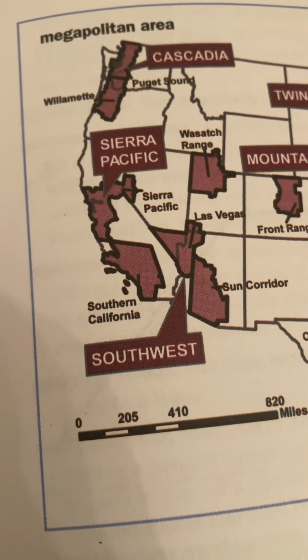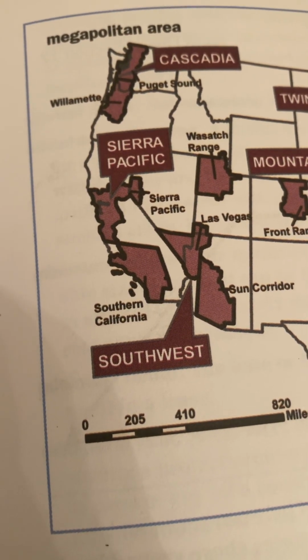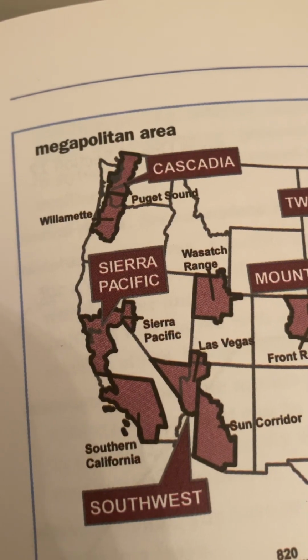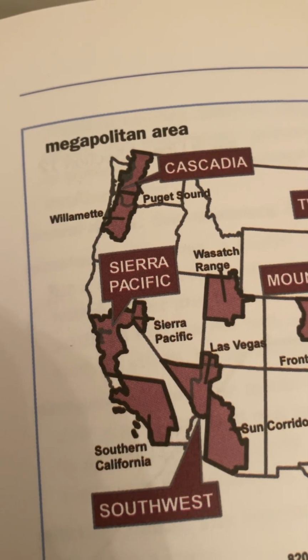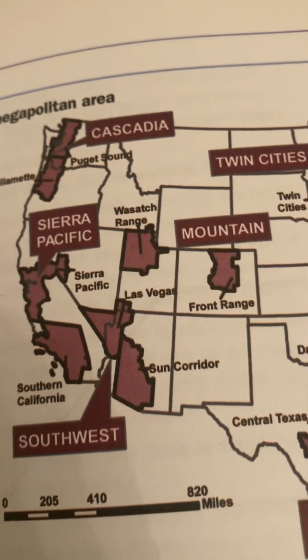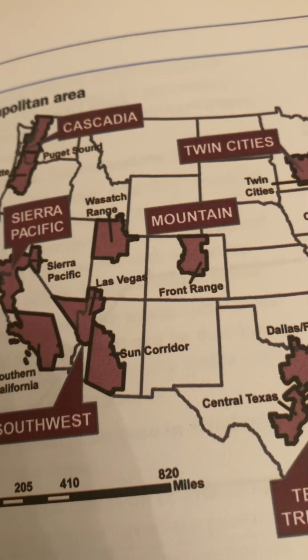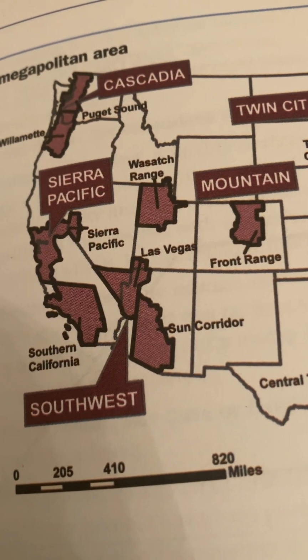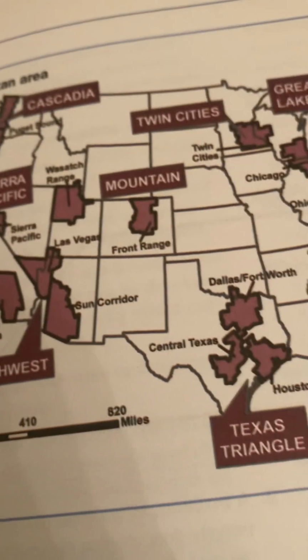In Arizona, in this area, it's called Southwest. In Nevada, it's called Wasatch Range. In Colorado, it's called Mountain. This part of Arizona is called Sun Corridor.